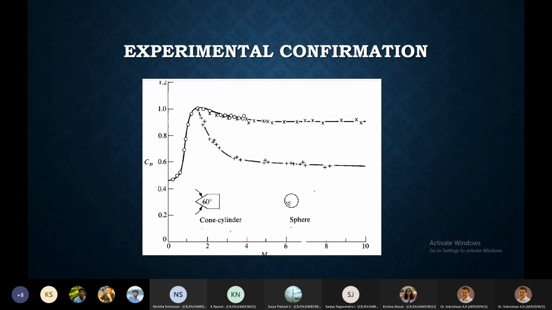Look at the curves there. Look at the data that is plotted here. It has two bodies, one a cone cylinder and the other a sphere. I'll try to point out the curves.